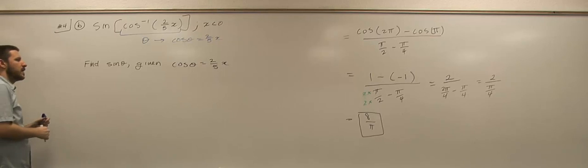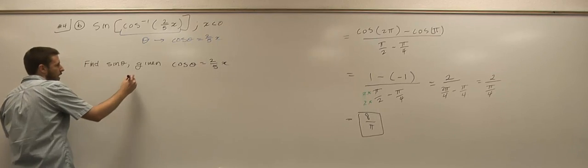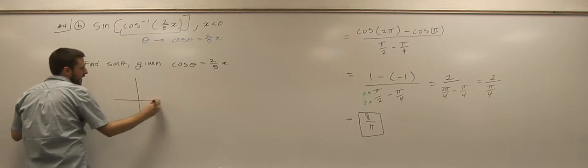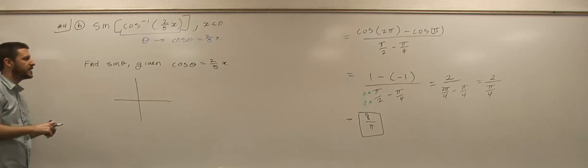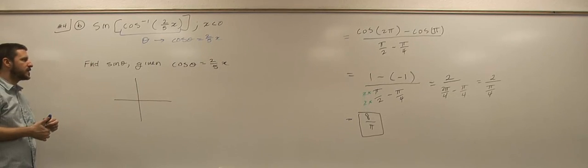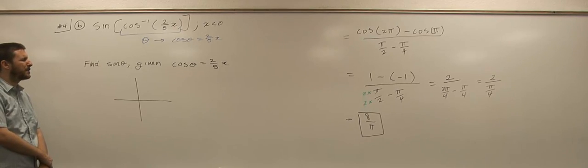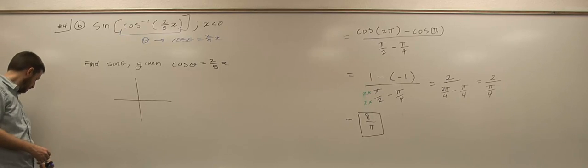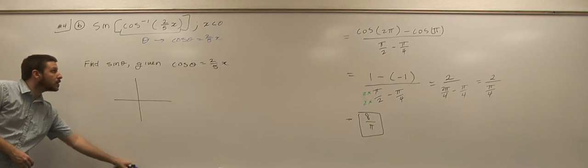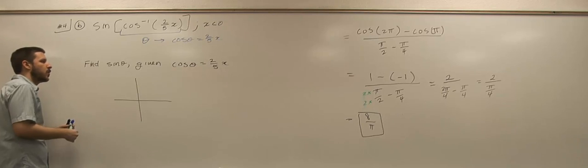All right, so I have to draw a triangle using this fact that cosine theta is 2/5 x, and the quadrant that I draw the triangle in helps me get the right sign at the end of the day. So what quadrant should this be in and why? There's 2 things to look at when you're determining quadrant here.